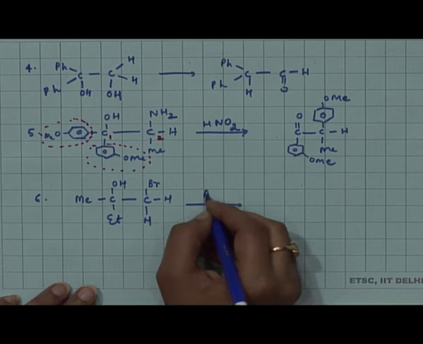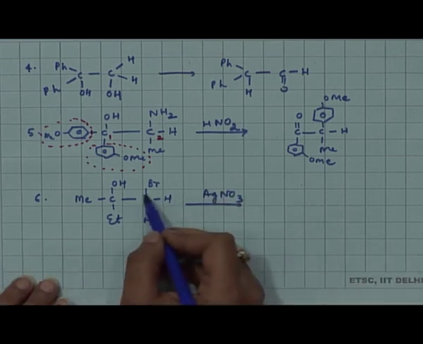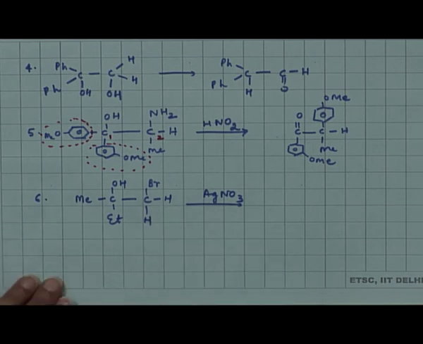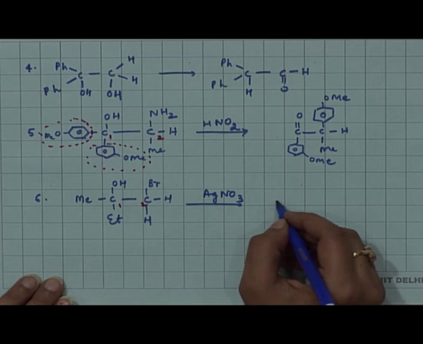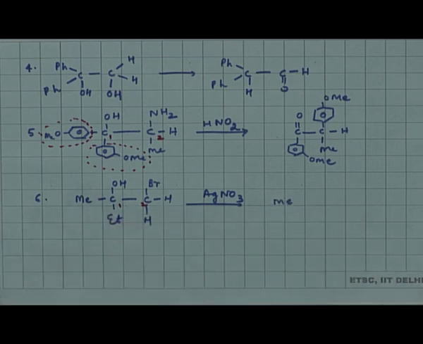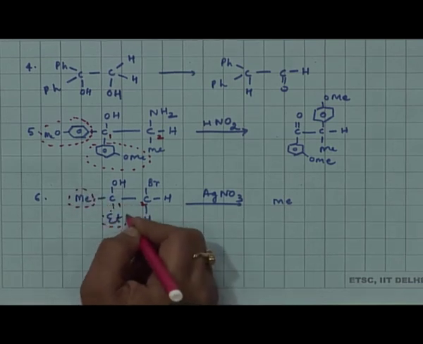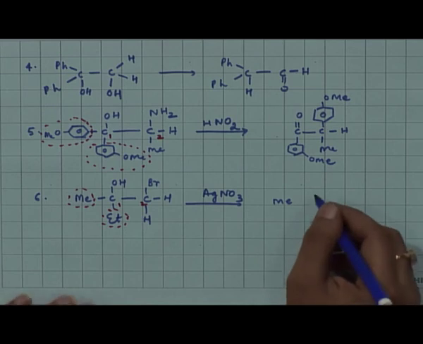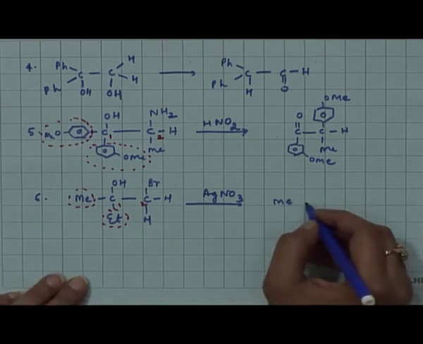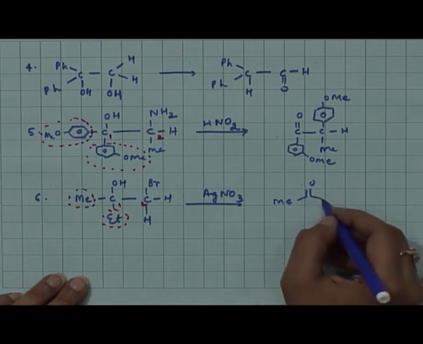Treat it with AgNO3. Okay, you are going to generate carbocation again on this carbon 2. So, the product is going to be, again there is going to be a choice between a methyl group and an ethyl group migration, and ethyl being more electron rich is the one which is going to migrate, leaving you with this acyl unit.